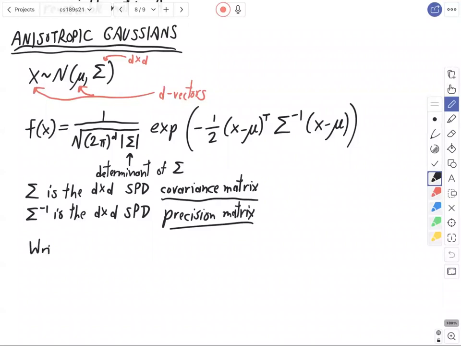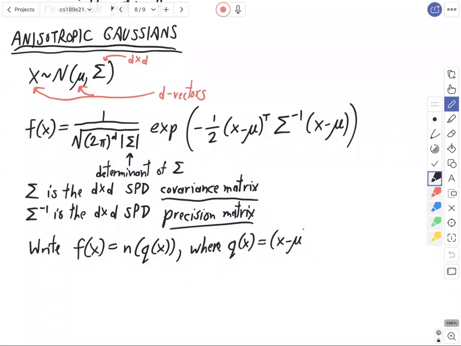Now, since this thing here is kind of complicated, I want to break it down into 2 functions. So let's write f of x as n of q of x. And here the idea is that q is the quadratic part, not including the 1/2, just x minus mu transpose, precision matrix, x minus mu.